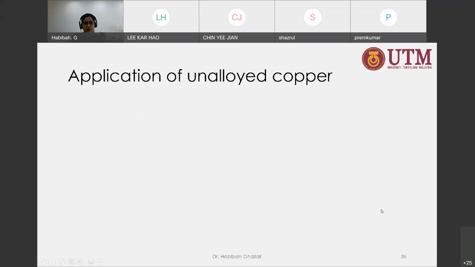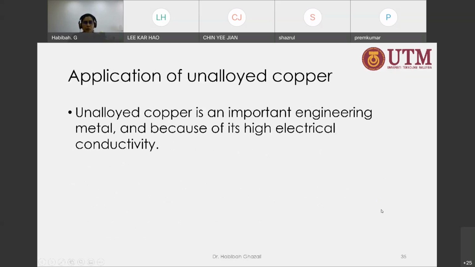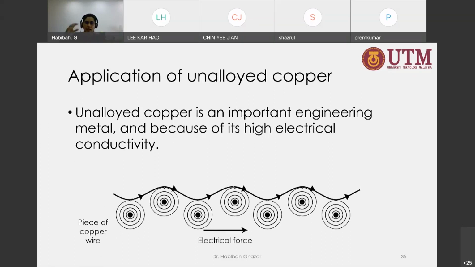One of the main applications of unalloyed copper is as electrical wire to transmit electrical power. This is because it has high electrical conductivity. Again, why is this? Because it has only one valence electron.